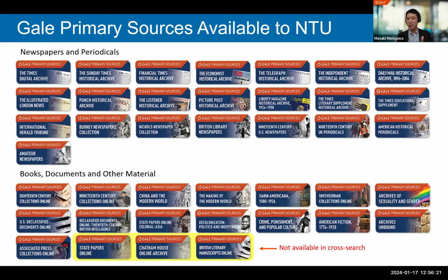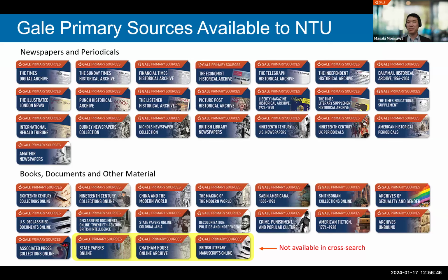So we weren't able to make this cross-searchable, at least not for the moment. British Literary Manuscripts is a collection of literary manuscripts, so manuscripts of writers and things like that. This too is not cross-searchable. Everything else that you see here on the screen, so all the remaining 37 archives, can be cross-searched from a single interface.